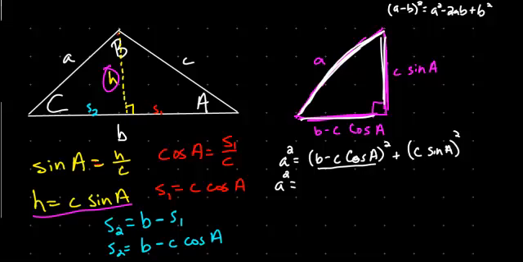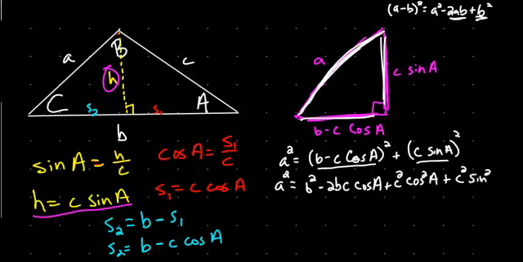So you square the first term, b squared, then you multiply the two terms together and double it, so minus 2bc cosine a, and then you square the last term, plus c squared cosine squared a. And now for this term, that's going to be plus c squared sine squared a.